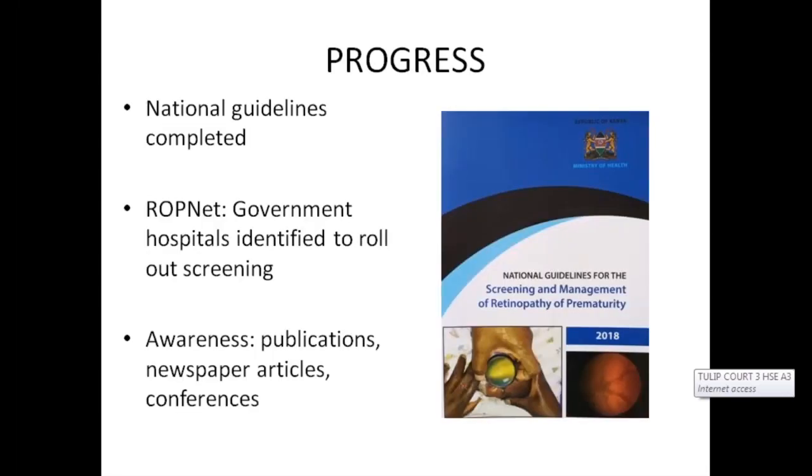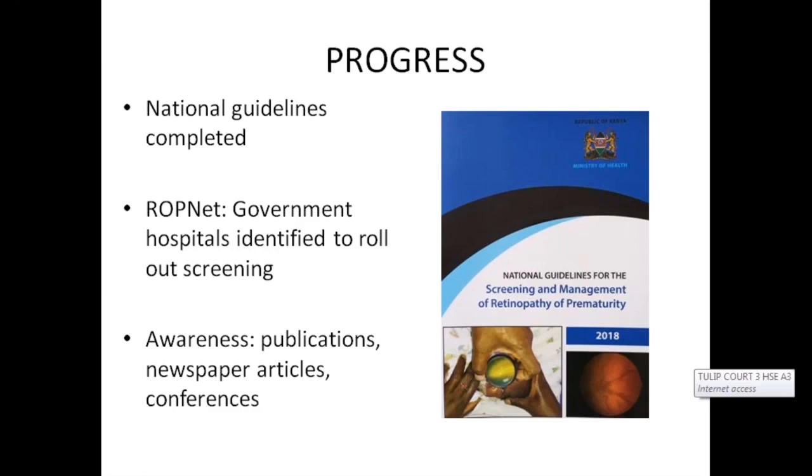The progress that we have made so far is that we completed our national guidelines. This was based on the studies that had been done locally and whatever experience that we had screening over the past 5 years. And these were developed with the help of the Ministry of Health and the College of Ophthalmology in the region.